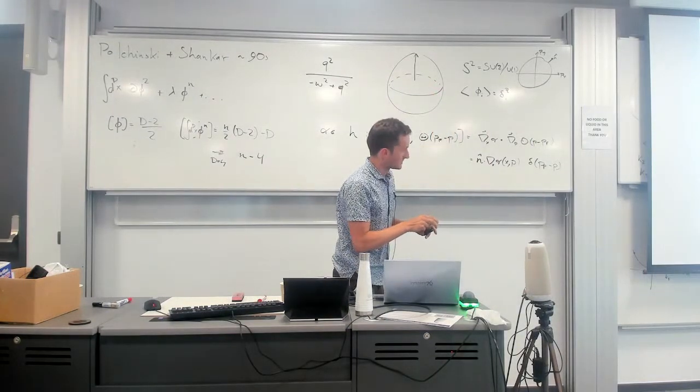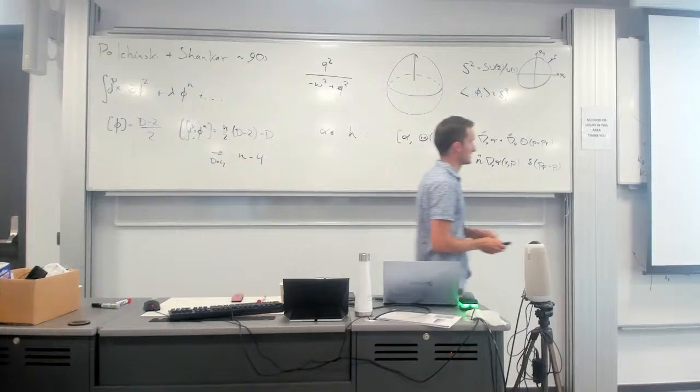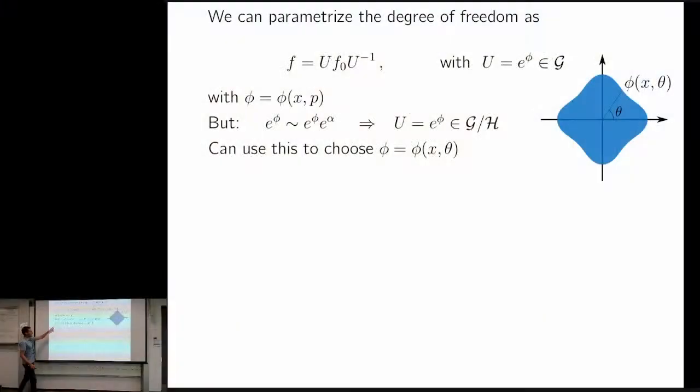Here's the way you can reduce the degree of freedom using this alpha in such a way that phi no longer depends on the vector momentum. You reduce one argument of phi, so that it only depends on the angle around the Fermi surface. You can always find an alpha such that phi has this form.